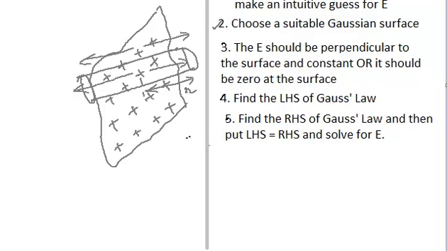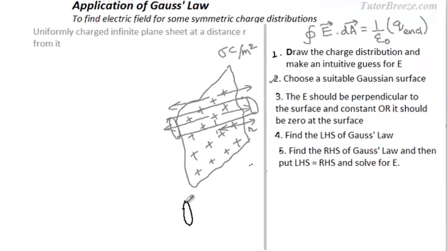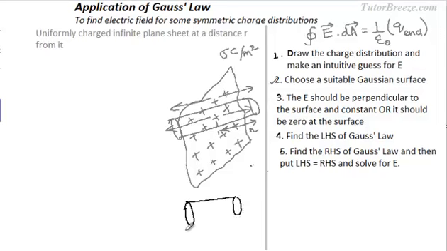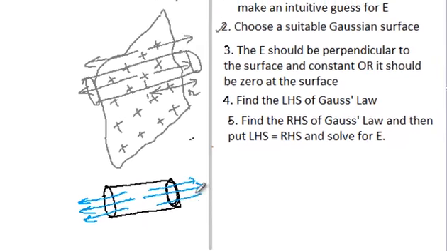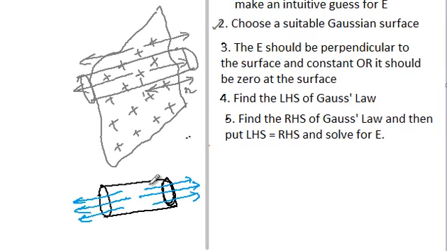I'll just draw this Gaussian surface over here, and you can see that the electric field cuts the two ends of the cylinder. You have field lines through these two ends, but there is no field through the curved surface of the cylinder.